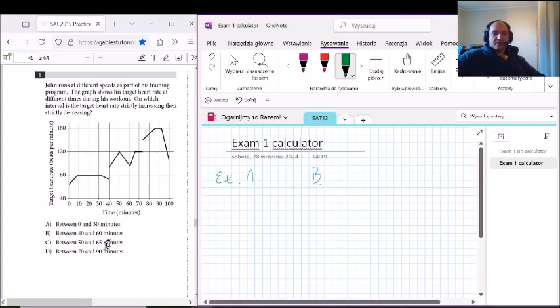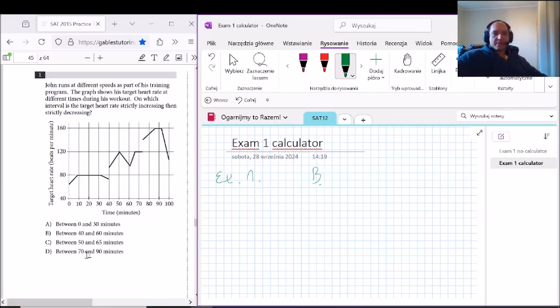C, between 50 and 65 minutes. No, because between 50 and 60 it's decreasing, and then between 60 and 65, I guess, it's increasing. It's the other way around. We would like first increasing, then decreasing. And here it's first decreasing and then increasing, so it's not the right answer.